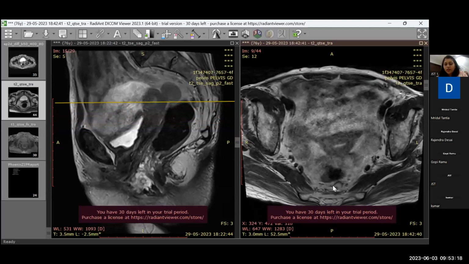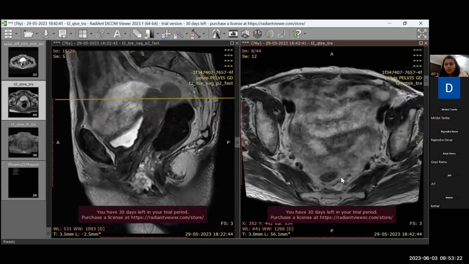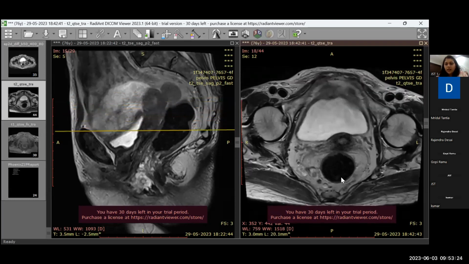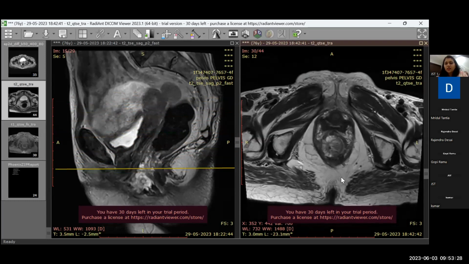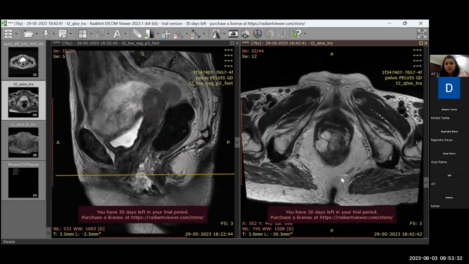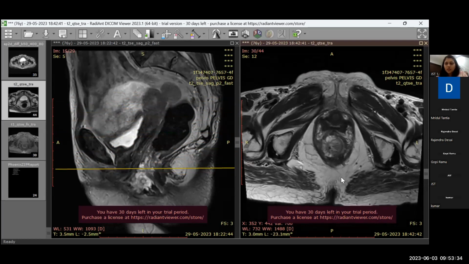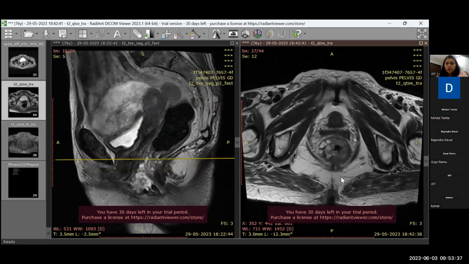Another node is sitting in the presacral region. So this makes it a higher grade. And the MRF for the lower rectal tumor, as we see, has involvement of the levator ani and the anal canal. So this upstages the tumor to almost T4 or stage 4.